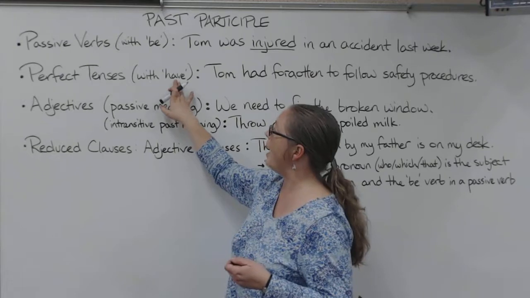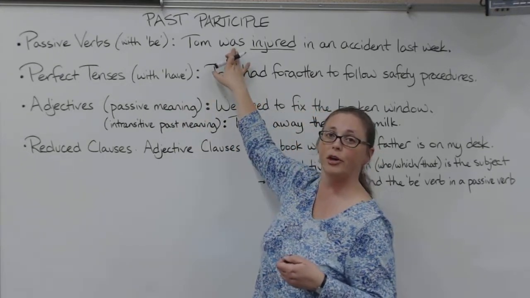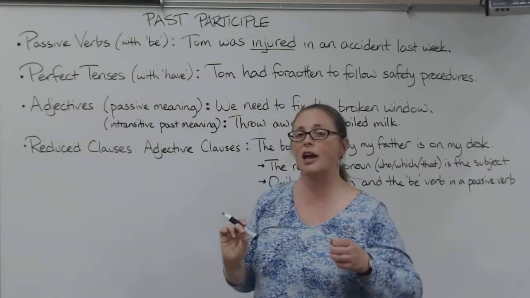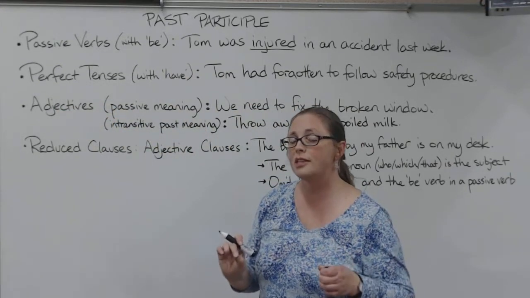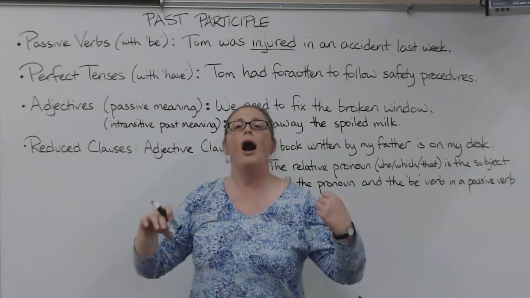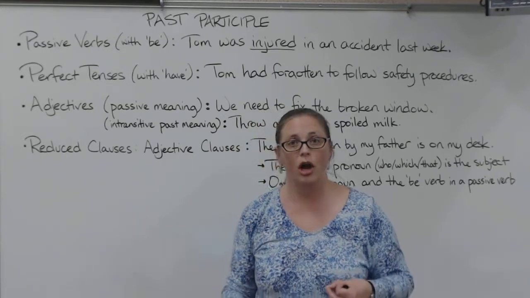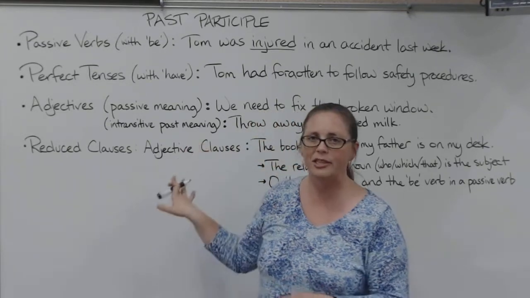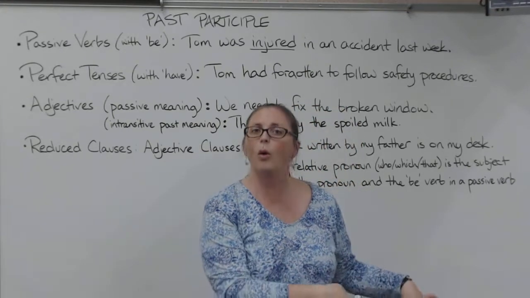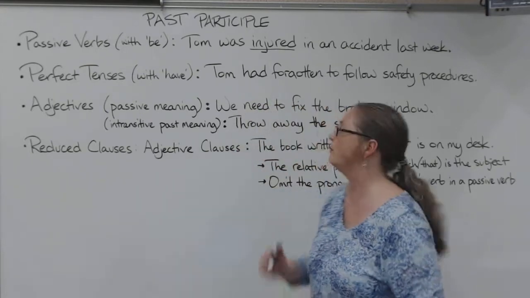If you're using have as an auxiliary verb instead of the be verb, it's a totally different meaning. It's the perfect idea, which is the idea that an action happened before a certain point in time that you are focused on. So no idea of receiving the action. It's talking about an action before a certain time or another action.